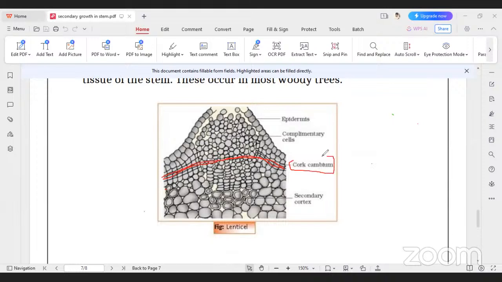Are you able to see this diagram? Is the cork cambium, secondary cortex clear? If it is not clear, write it down. The red color that I drew here is the cork cambium. Inside is the secondary cortex.